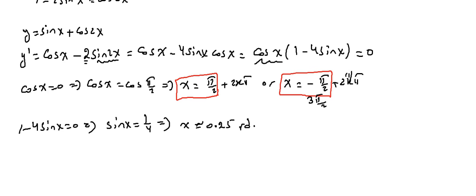Or we have two cases to be considered, because if sine x equal 1 over 4, we have theta and pi minus theta. So x equal 2.9 radian. Two cases to be considered over here, because if we do 3.14 minus 0.25, we get this one. Also, these points we have to keep in mind. So those are important points.